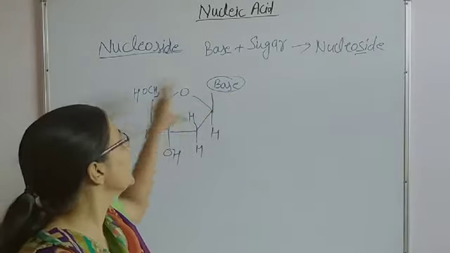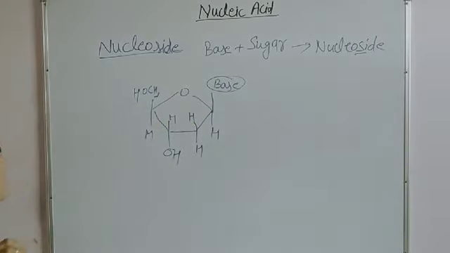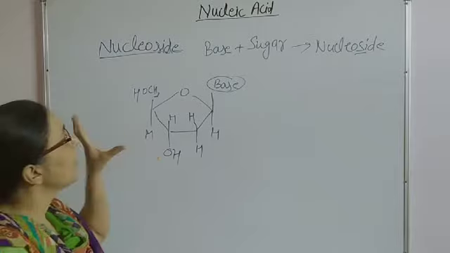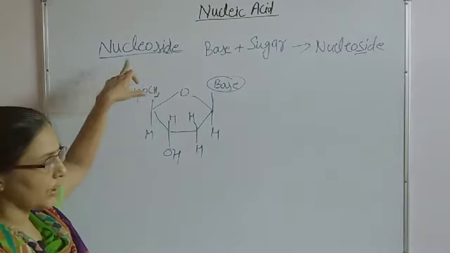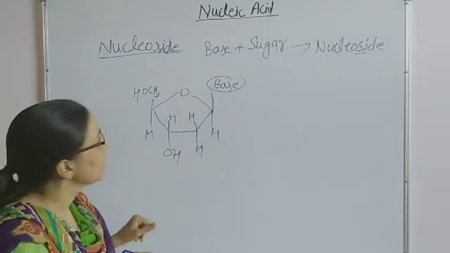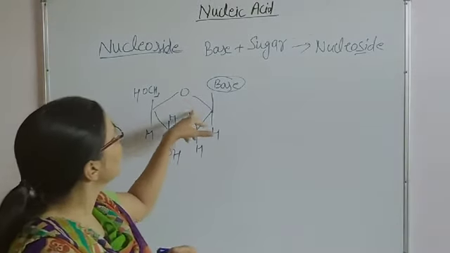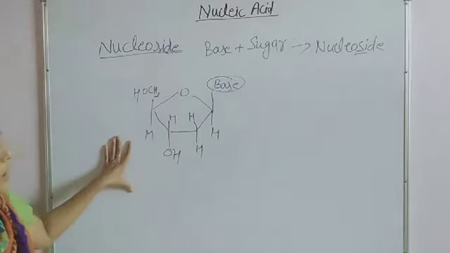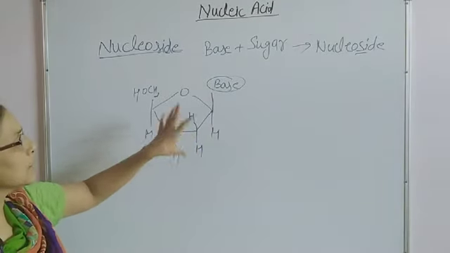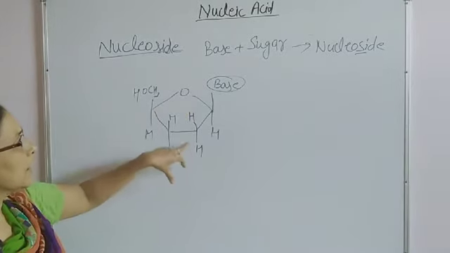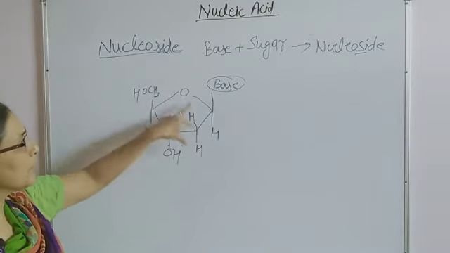Depending on the type of base, the structure of nucleoside will be changed, as well as depending on the sugar, the type of nucleoside will be changed. Okay. This is the nucleoside present in RNA, as I have taken. This is the nucleoside present in DNA, because I have taken deoxyribose sugar.